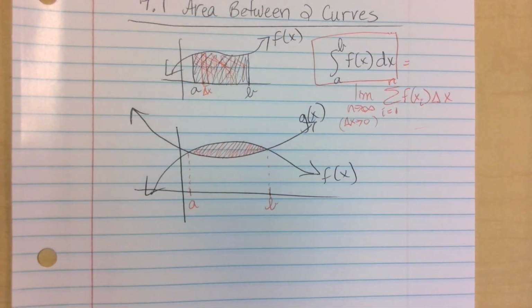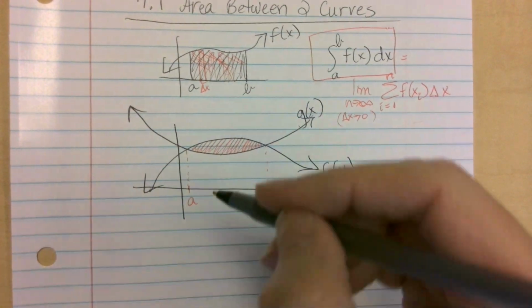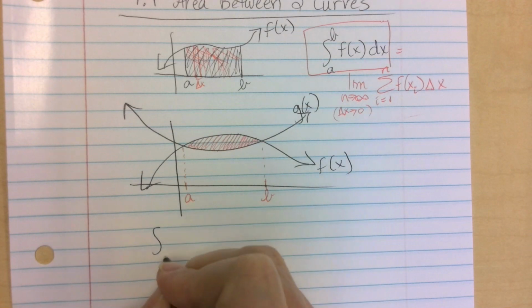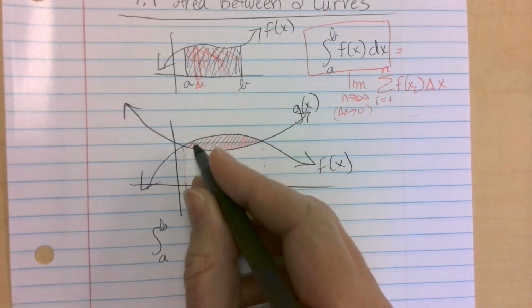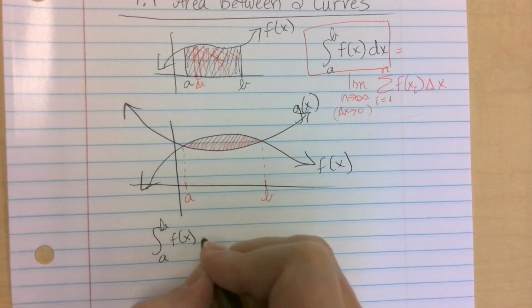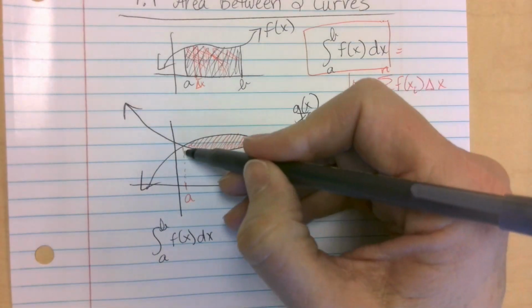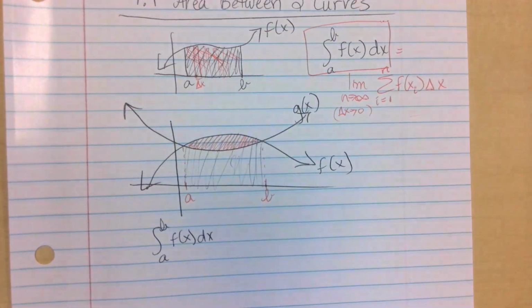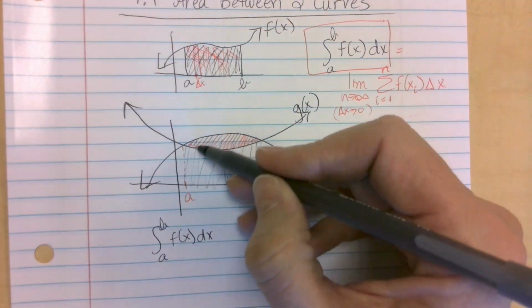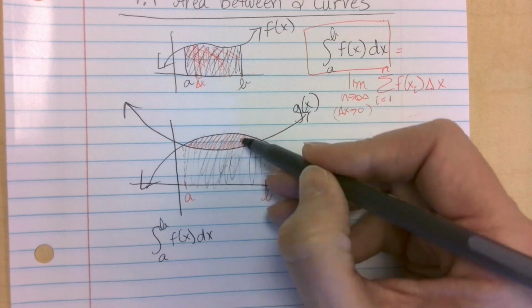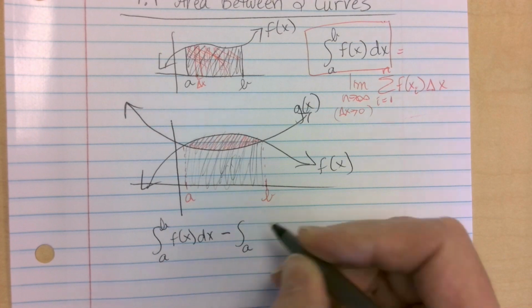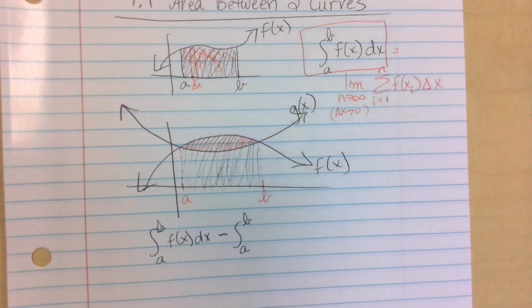The idea could be that you just say, well, I could take that whole area from a to b of the top one is f of x dx. That will give me this entire area from the top all the way down to the x-axis, and then say, well, then I could just subtract out the area for the g of x.